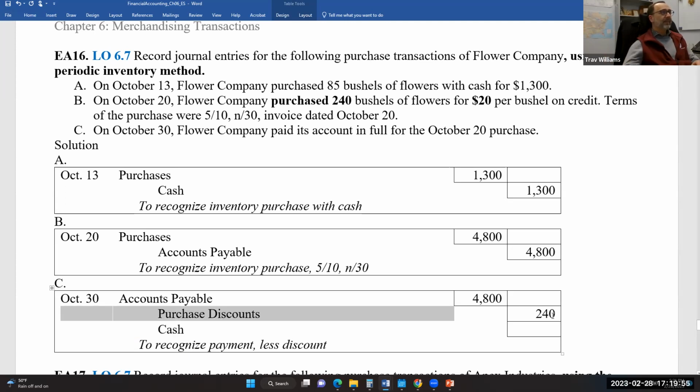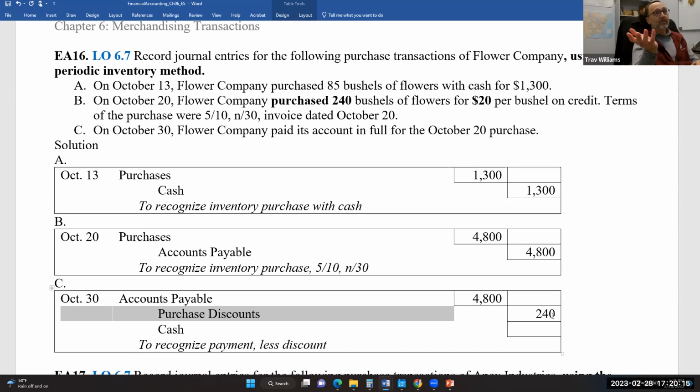And then I guess the reason that they have to do this is so that they can figure out their net purchases. That's why, yeah, that's the answer there. Because remember, to calculate your net purchases, you need gross purchases minus purchase discounts and purchase returns and allowances.